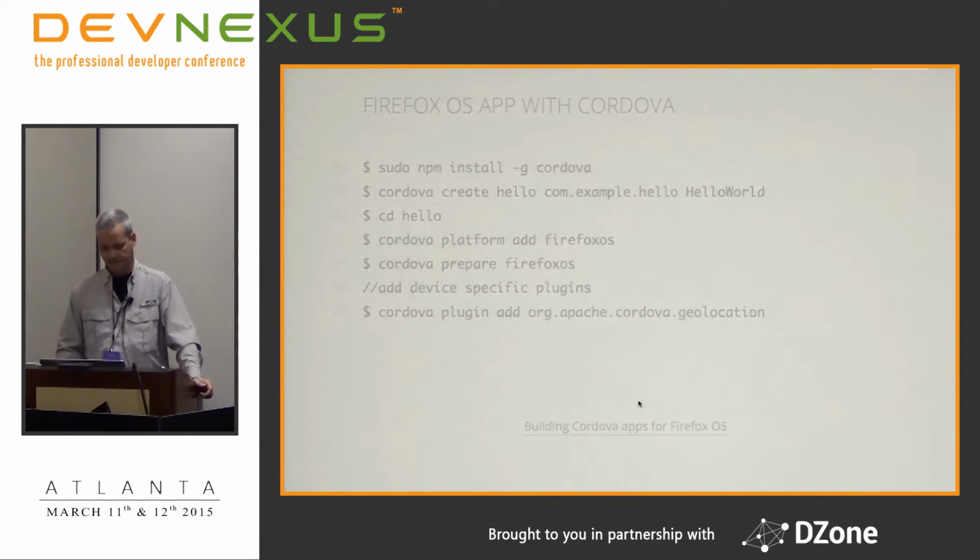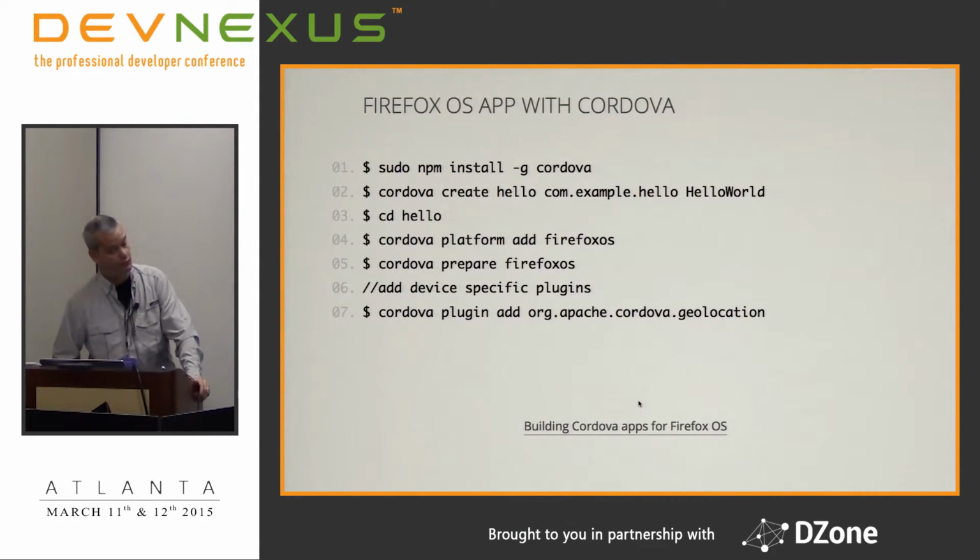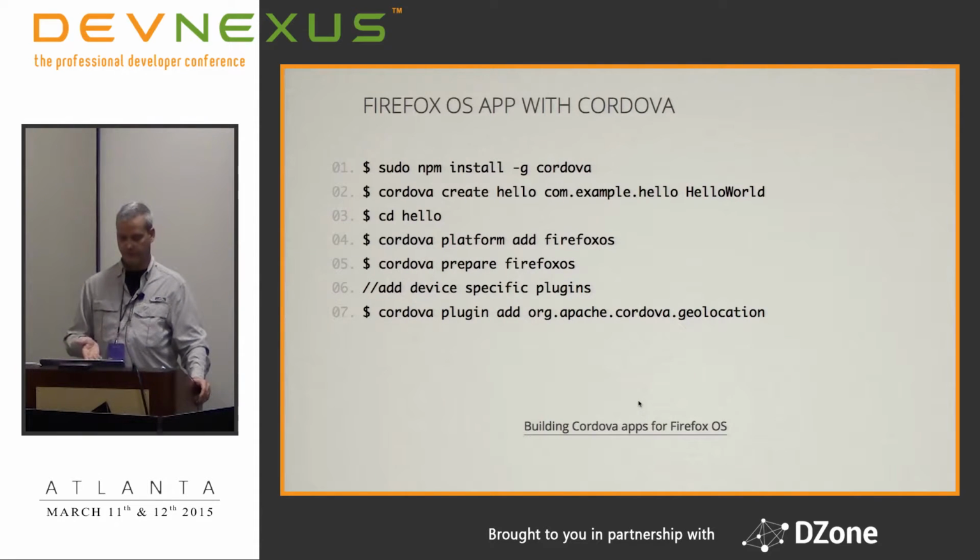All right, to install Cordova, it's pretty simple. It's a node module. Just npm install -g cordova, and then to create a project, you just say cordova create hello, the name of the project, and in this particular example, I'm creating hello world. I cd to the hello directory, and typically at this point you would add a platform. So you'd say add iOS, or you would add Android.